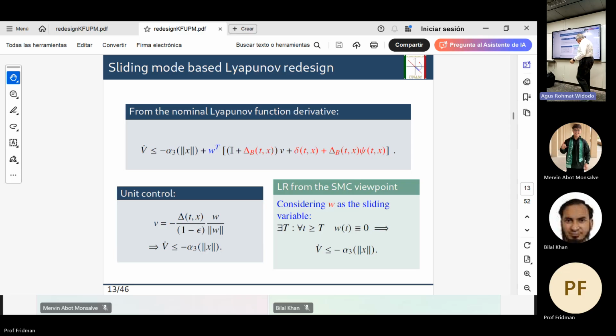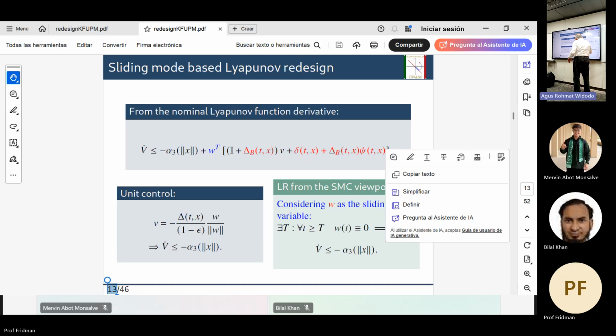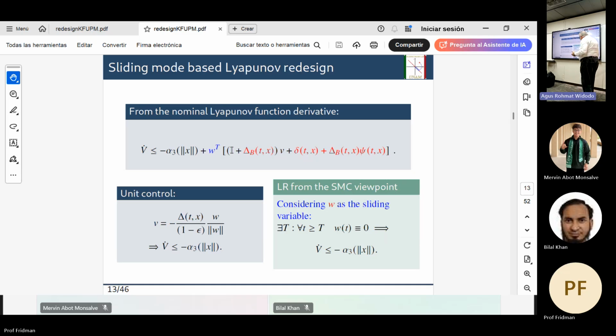Why? Because we don't need to think too much about this. What we need is just to nullify this. If we nullify this, for sure we can neglect it. So that is why what we are doing here is trying to put our understanding of redesign. What does it mean, our understanding?